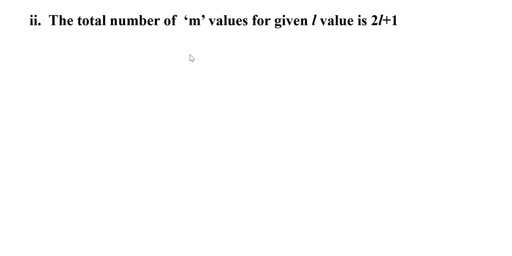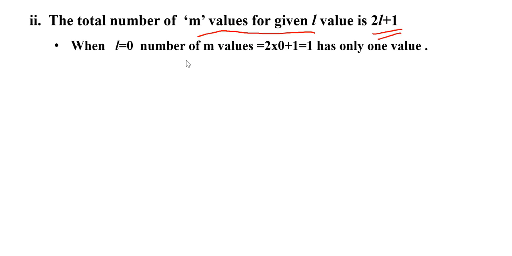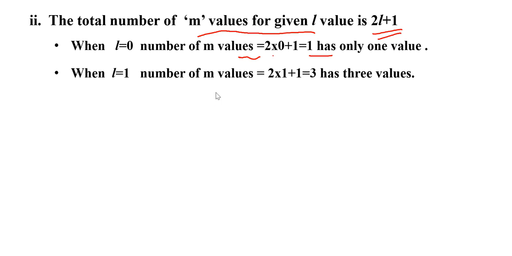The total number of m values for a given L value is 2l plus 1. When L equal to 0, the number of m values is 2 into 0 plus 1, that means only 1 is there. When L equal to 1, total values are 3.